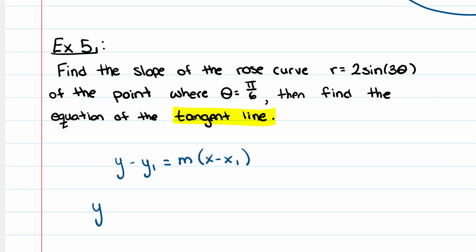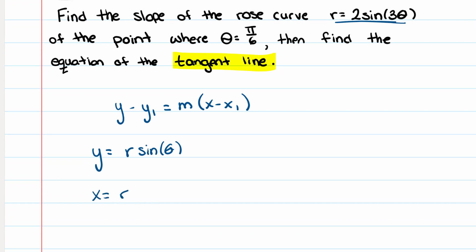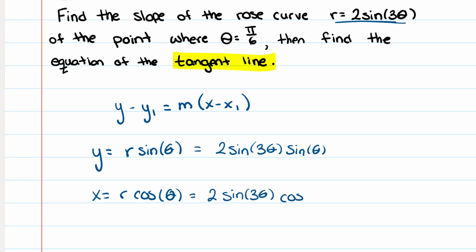So y is equal to, remember that polar curves can be written parametrically as r sine theta, and then x is r cosine theta. So this would be 2 sine 3 theta times sine of theta, and this would be 2 sine 3 theta cosine theta.